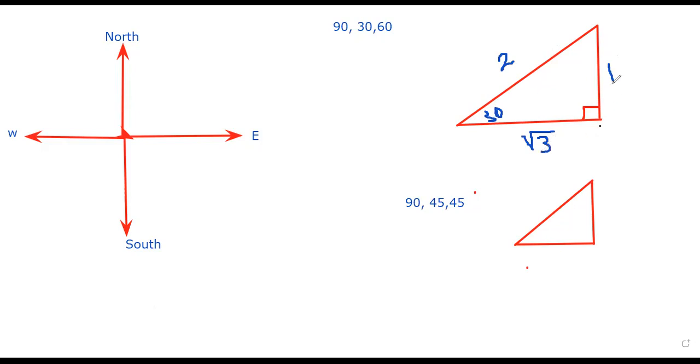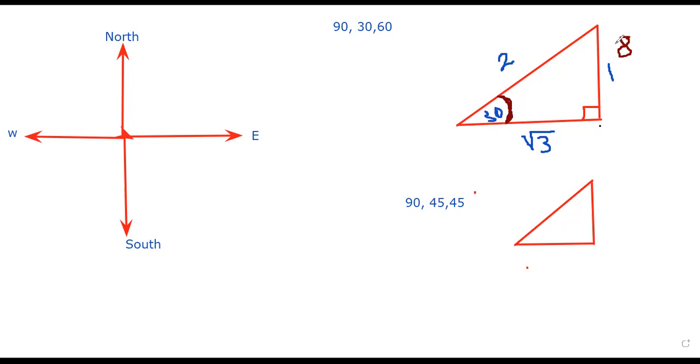Root 3. So 1, 2, root 3. If I replace 1 and put 8 instead of it, starting with 8 as the shortest side, which is opposite to 30 degrees, can anyone tell me the rest of the sides?